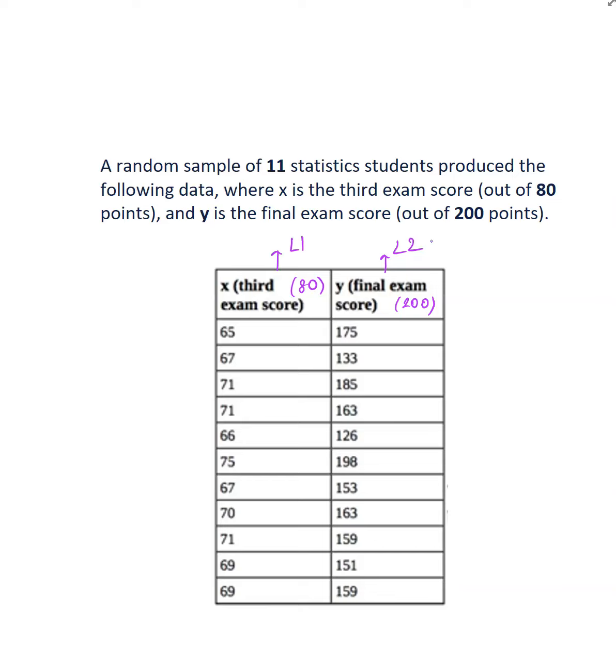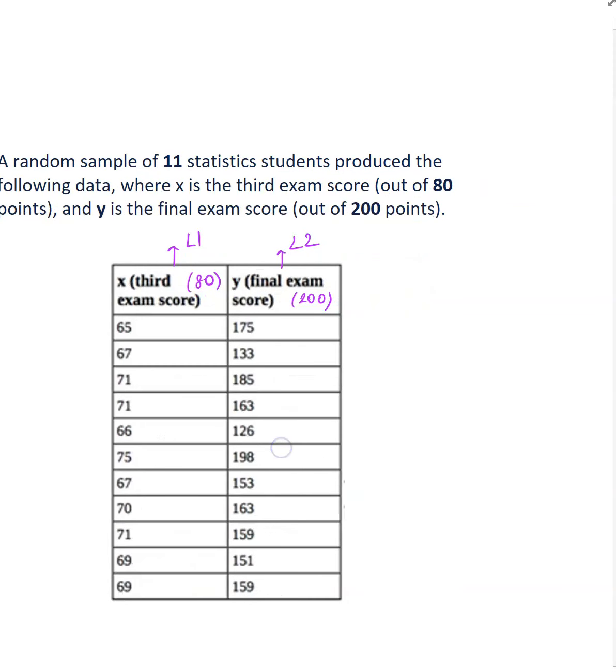And then go across to the EQ. Let me see if I can write this information here by the side. So Y equals, and from there you hit VARS, and in VARS you went down to statistics.